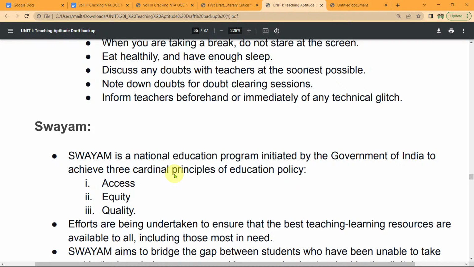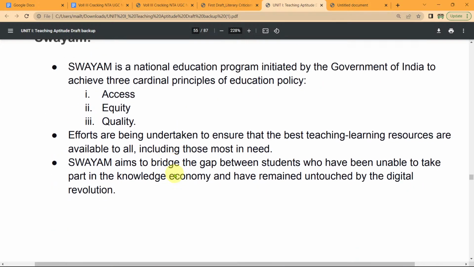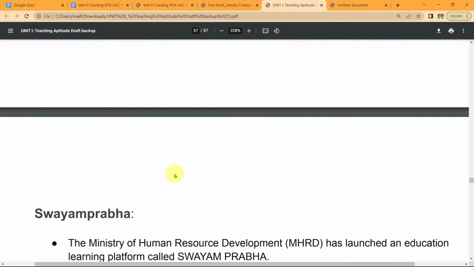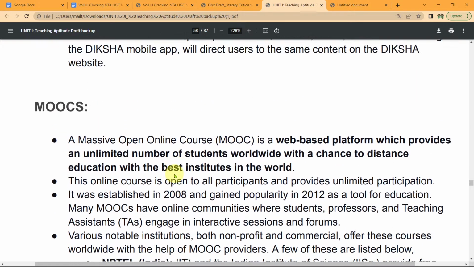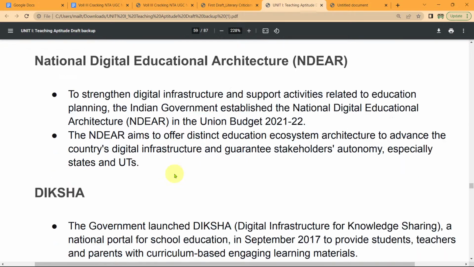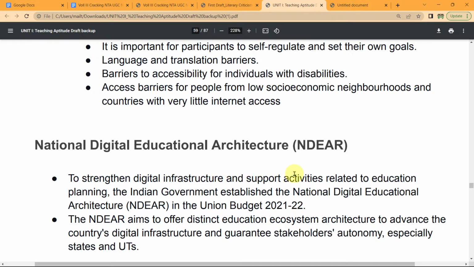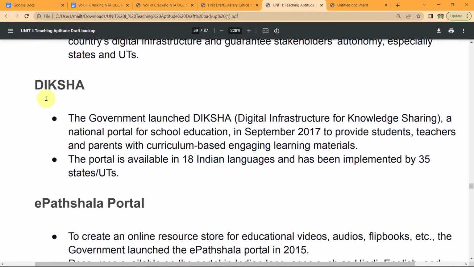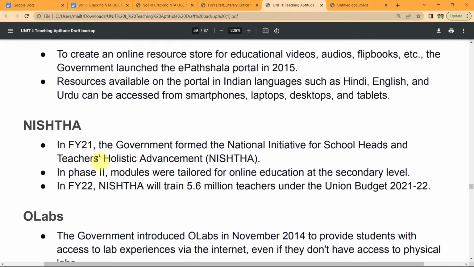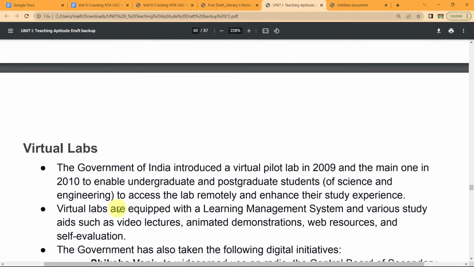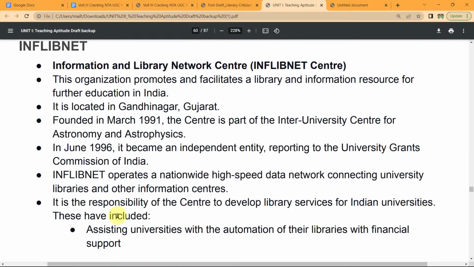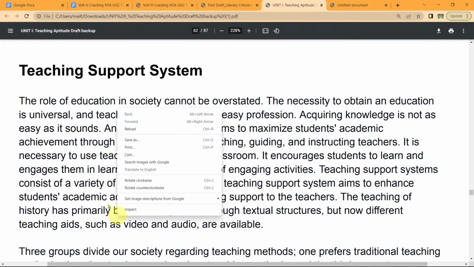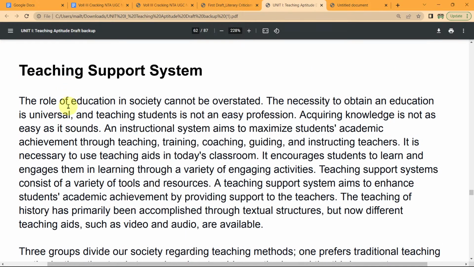When we come back, we'll study Swayam Prabha, and of course we'll talk about e-Vidya, MOOCs, NDEAR, the digital educational architecture, Diksha, Pathshala, Nishtha, O Labs, virtual labs, GSAT, EduSat, INFLIBNET, most of the things here. And after that we'll have the teaching support system.